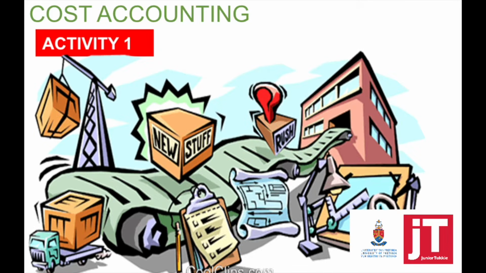Then we've got different cost accounts. There are 5 different cost accounts. We have our direct material cost, direct labor cost, and factory overhead cost, which form part of the factory department. Then we have our administration cost, which forms part of the administration department, and then selling and distribution cost, which forms part of the selling and distribution department.